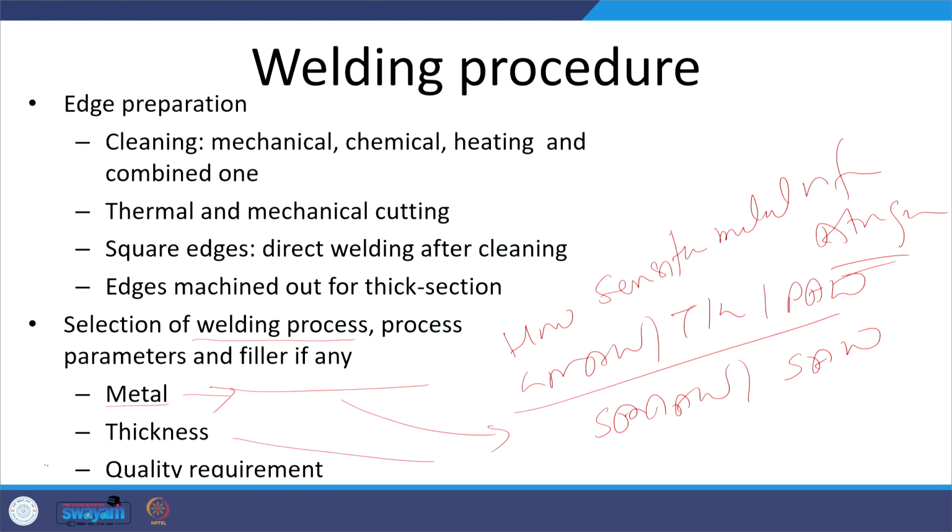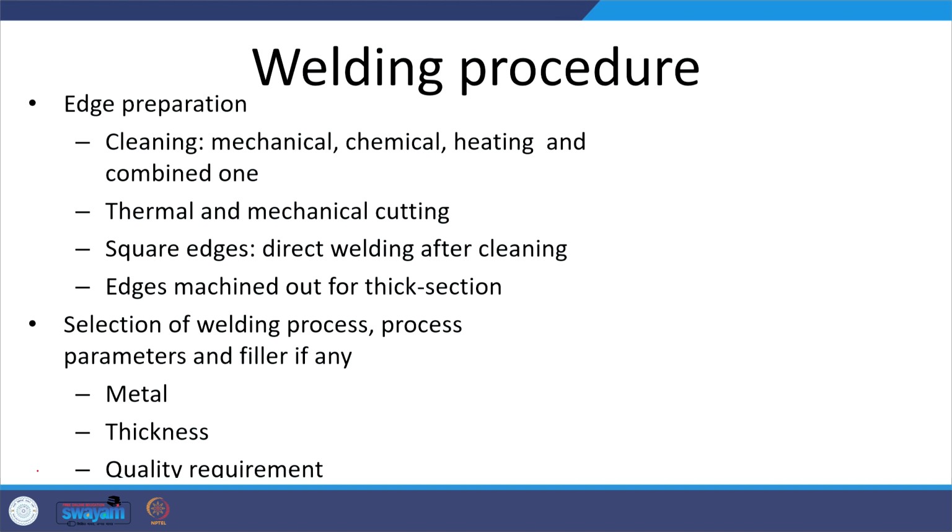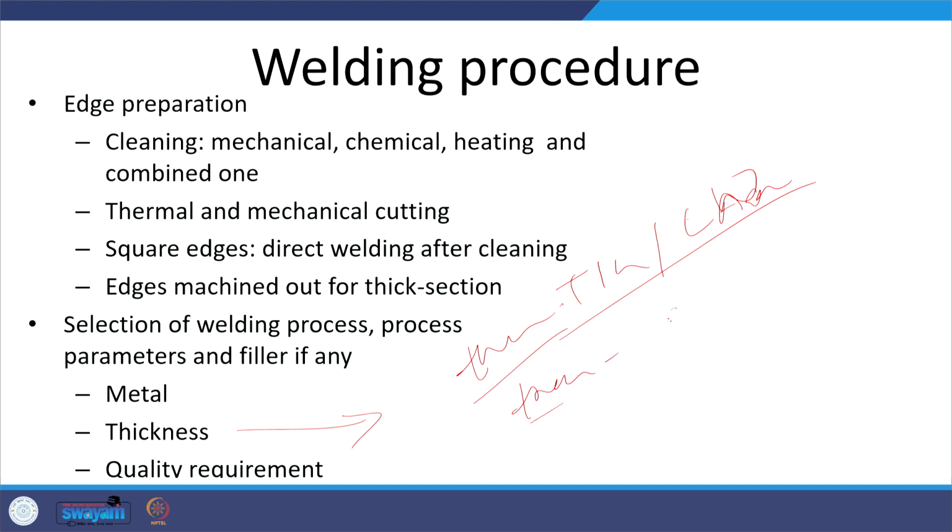For thin sections we will prefer TIG welding or laser welding. But for thick sections where we have to prepare the edges, we can go for SMAW, SAW, also combined with other processes like GMAW, or laser and electron beam welding.